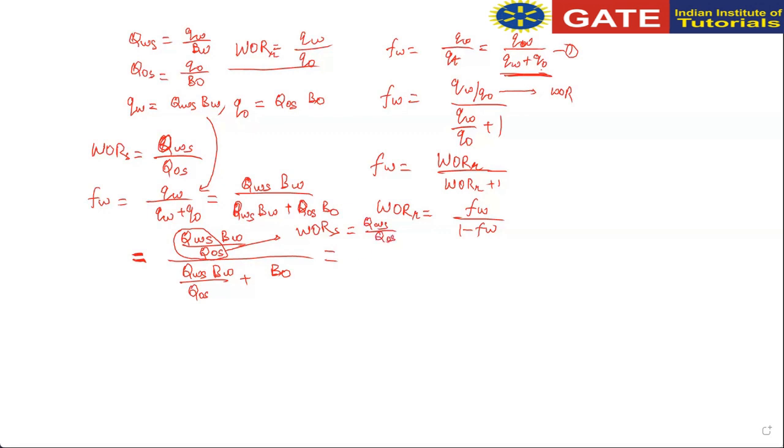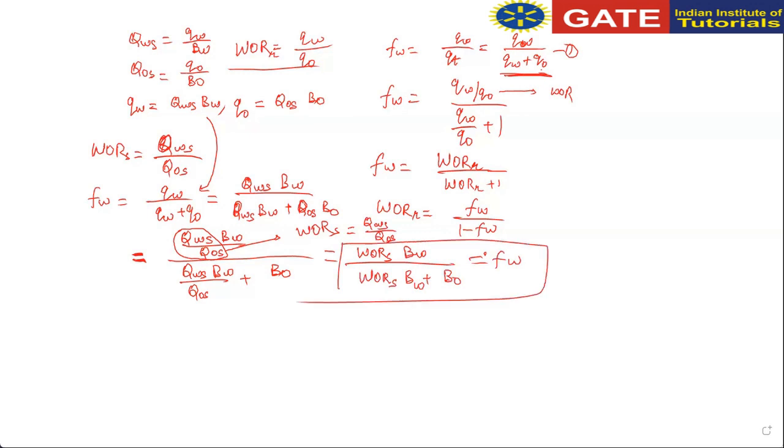So it becomes WOR surface times BW divided by WOR surface times BW plus BO. This is equal to FW at reservoir condition. You got that?